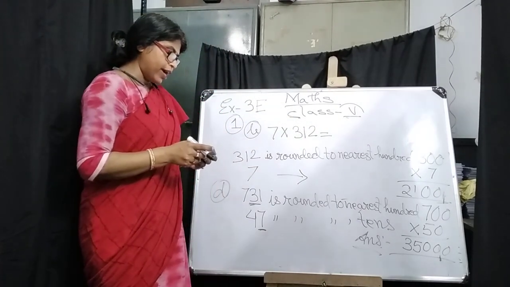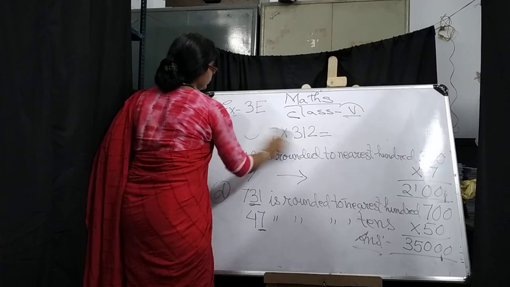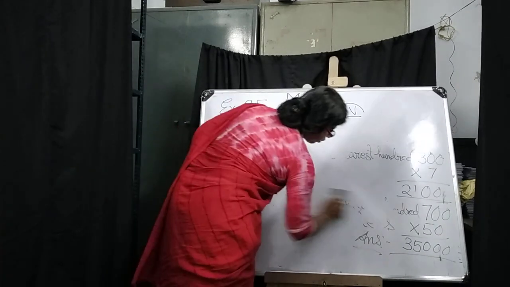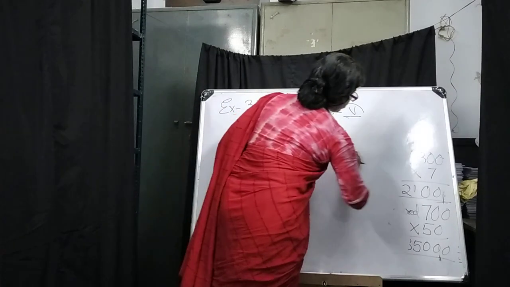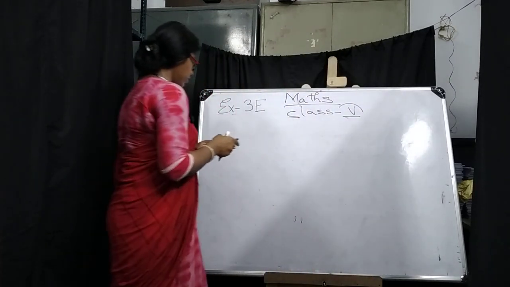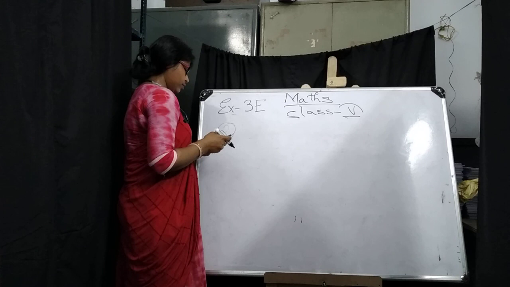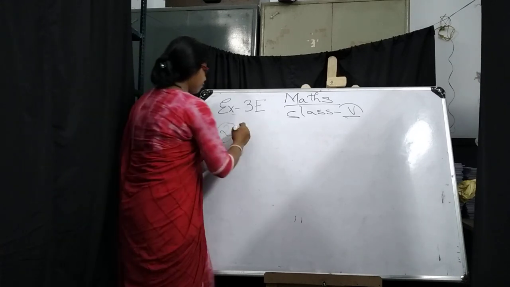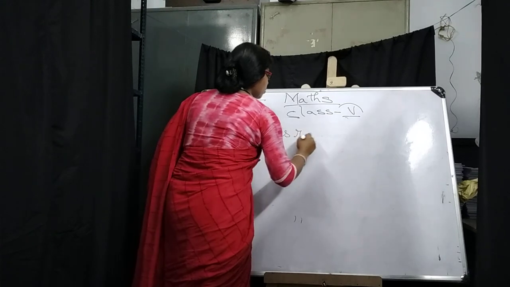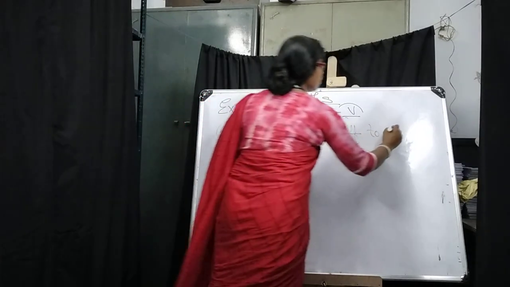Estimate the product and verify by actual calculation. Let us do the next one, sum number 2, let us do number F. 2F. 602 is rounded off to 600.